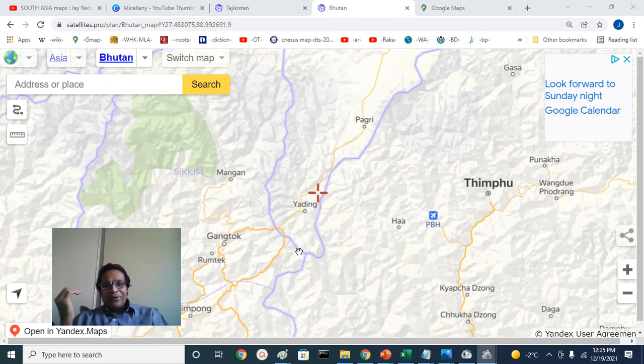They used to call Tibet by different names, like Pinyin, Chinesization. Previously it was called Peking, now it's called Beijing and so on. So Yadong is important, and Pagri, and this is Thimphu in Bhutan.